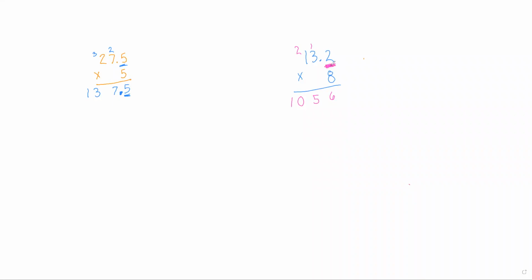Yep, just one. So how many numbers do I have to have behind my decimal point in my answer? Correct, only one. That makes it go right in front of the 6. So 13.2 times 8 is 105.6. Well done, ladies and gentlemen.